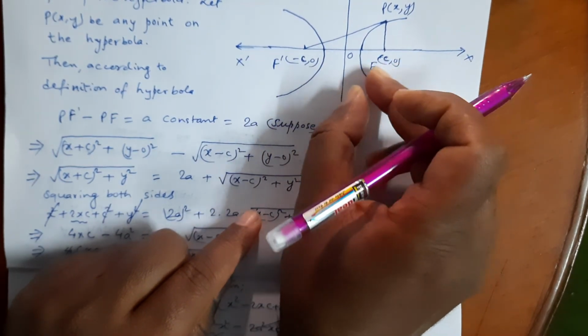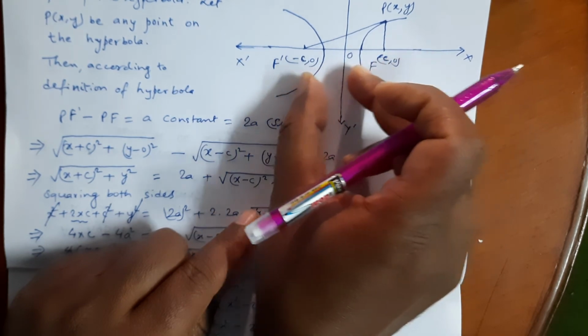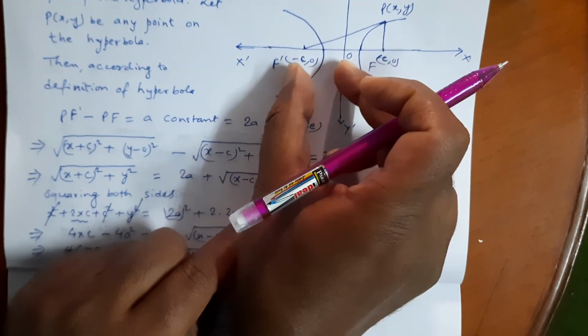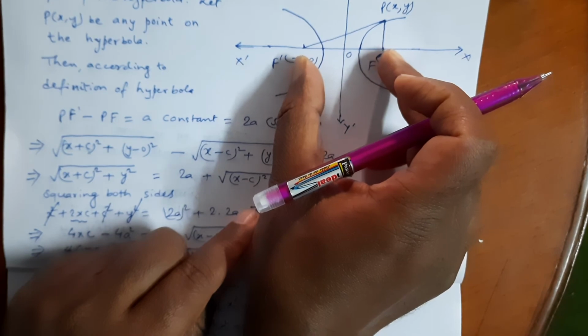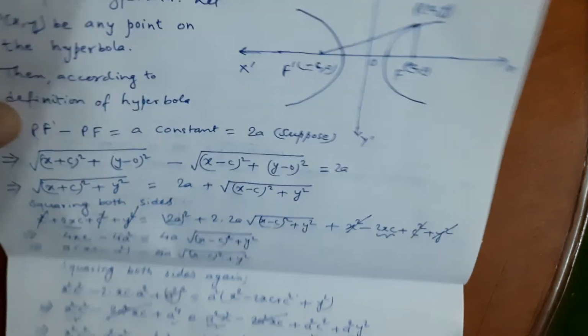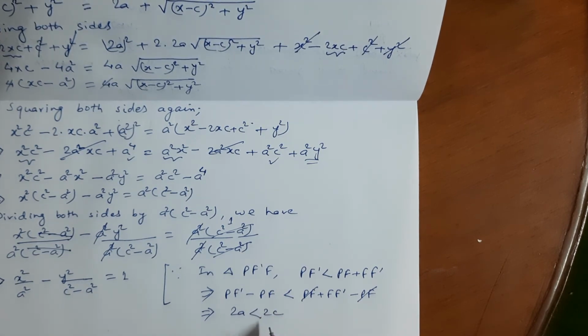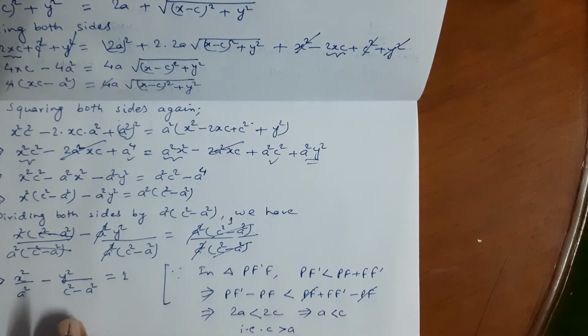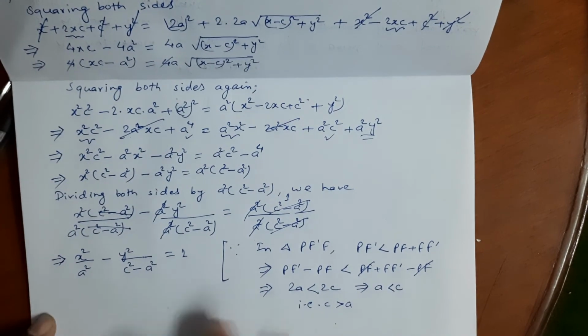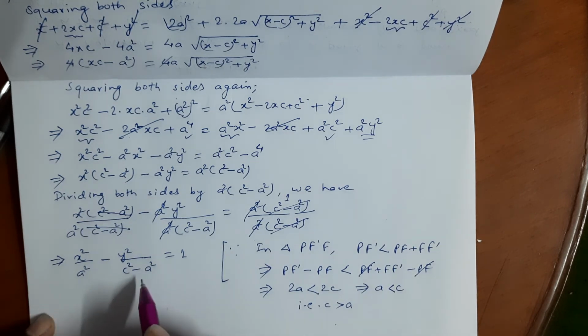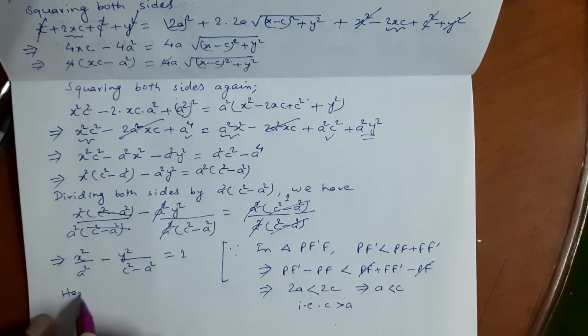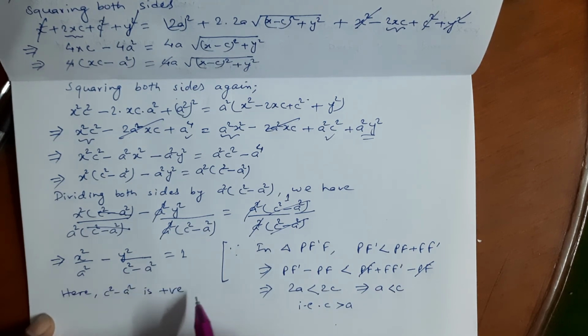This distance is C, and this distance is also C. So C plus C, it will be twice C. This distance between FF dash is twice C. So 2a is lesser than twice C. Dividing both sides by 2, this implies a is smaller than C, that is C is greater than a. So c square minus a square is positive.